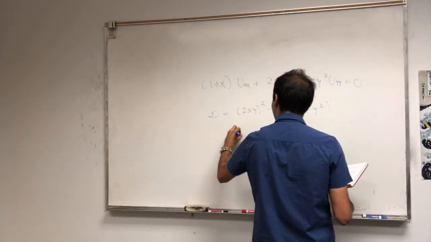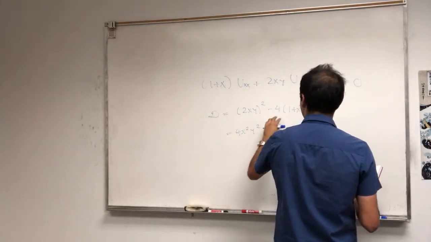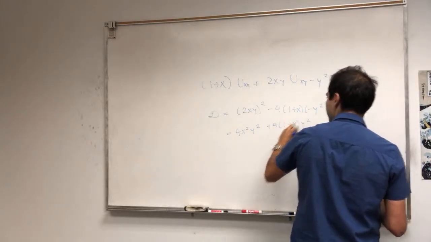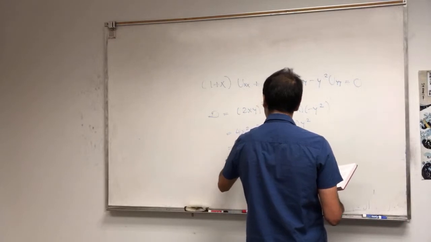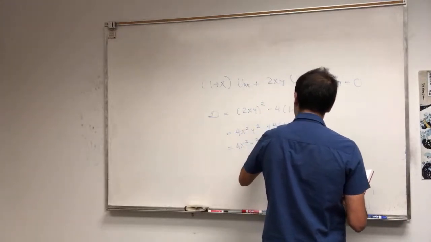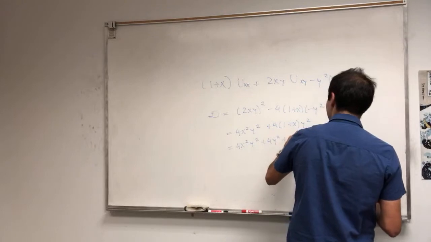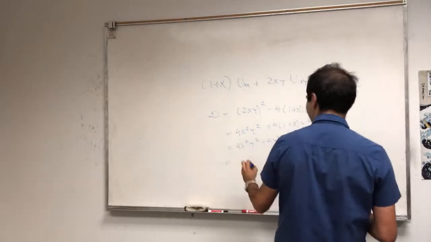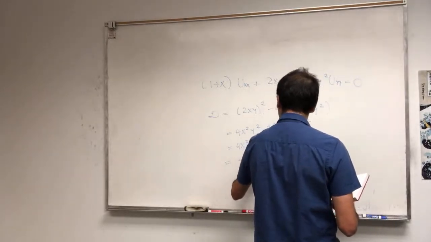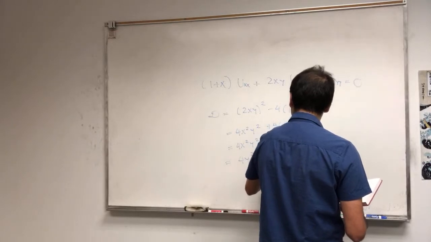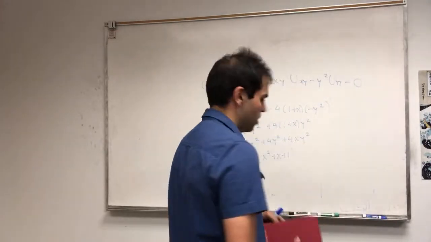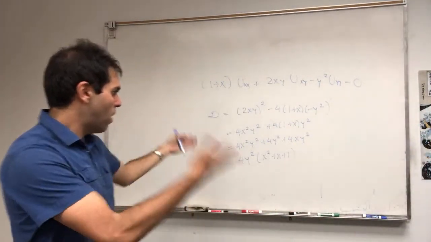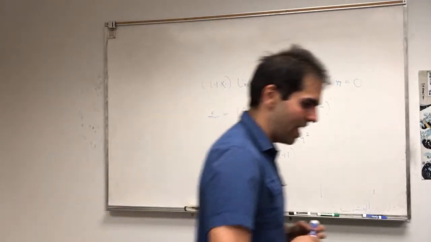So that becomes 4x^2y^2 plus 4(1 + x)y^2, and that becomes 4x^2y^2 + 4y^2 + 4xy^2. There are lots of common factors, so it's 4y^2(x^2 + x + 1). And then we just want to figure out when this is positive, when it is 0, and when it is negative.